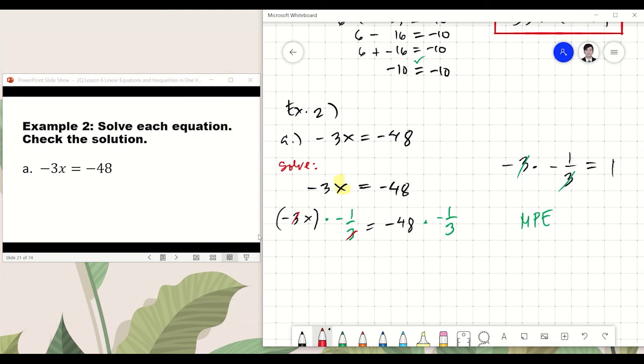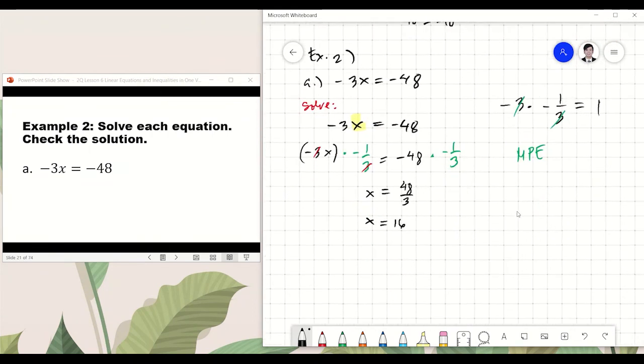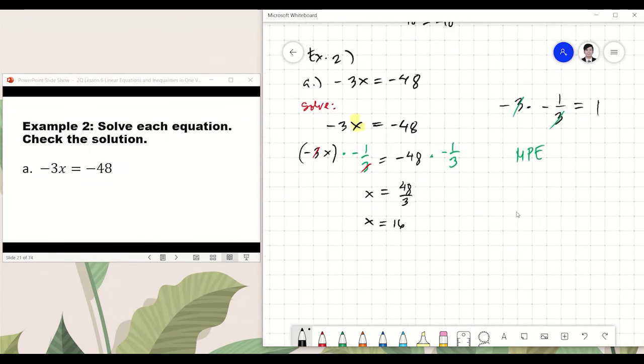Negative times negative, positive. At saka, yung matitira na lang, x. Then, on the right side, negative times negative, positive. But, yung rule natin dito, numerator times numerator, denominator times denominator. So, magiging 48 over 3. 48 over 3 is just 16. So, 16 yung value ng x natin.